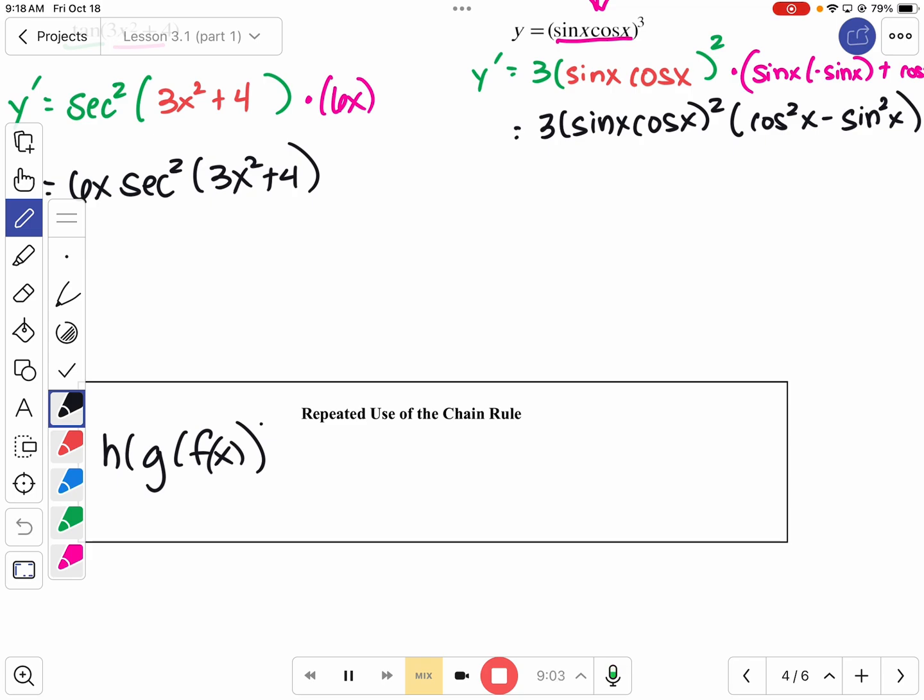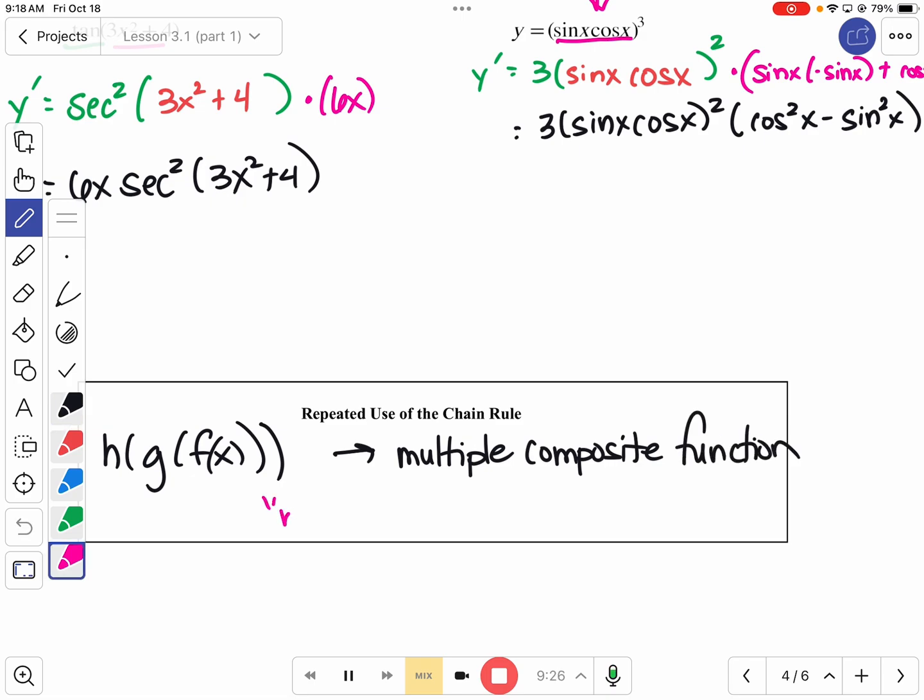So h of g of f of x just means we have multiple composite functions. You'll also hear it referred to as a multi-link chain.